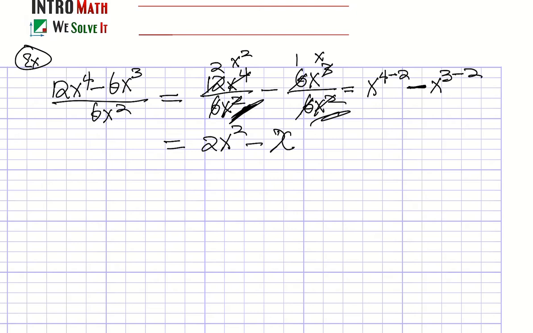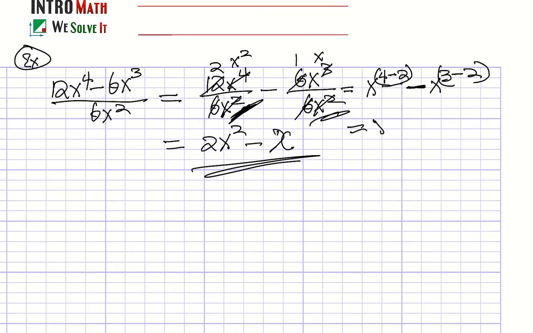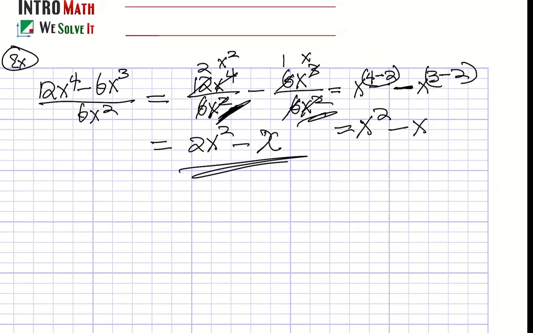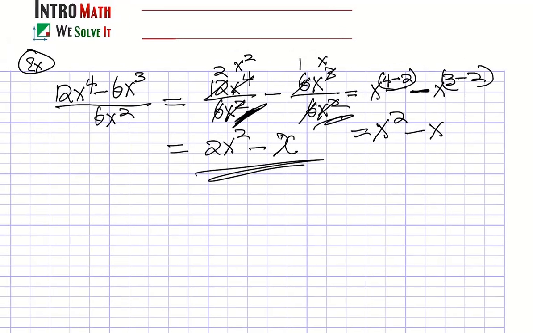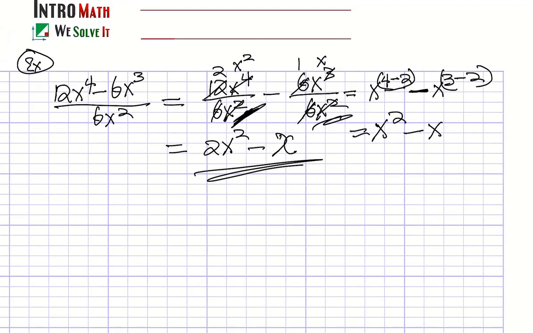You remember that? That's the same thing we just did over here, but I just want to show you. If you do that, this is like that, okay? Don't get confused. If you do that, what do you get? You get x raised to power 2 minus x raised to power 1. We usually don't say that, but I didn't put the numbers though.